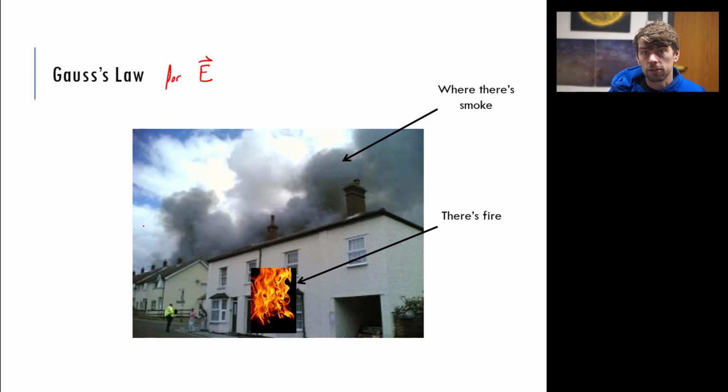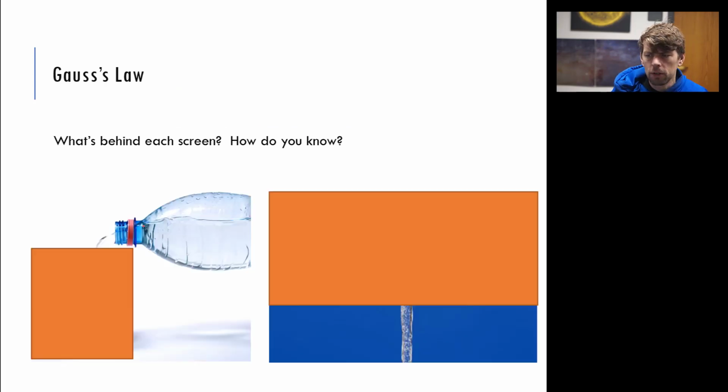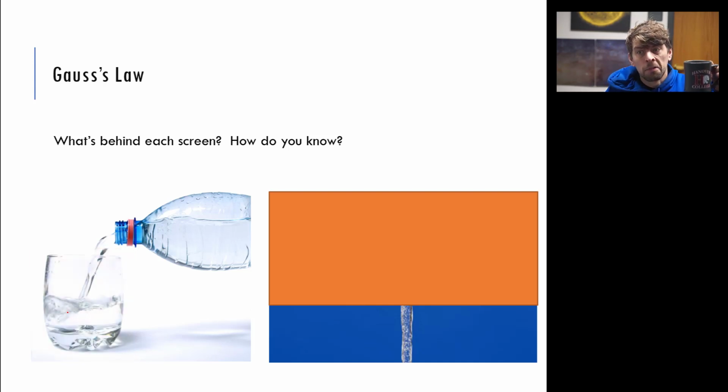Another example for you: if I had a water bottle and it was simply pouring behind a screen and you saw no water exiting, you would say, hey, there's something behind the screen, such as a cup, something to catch the water.